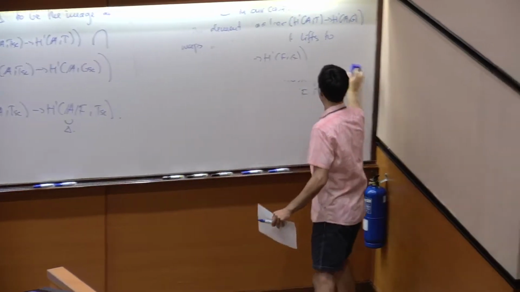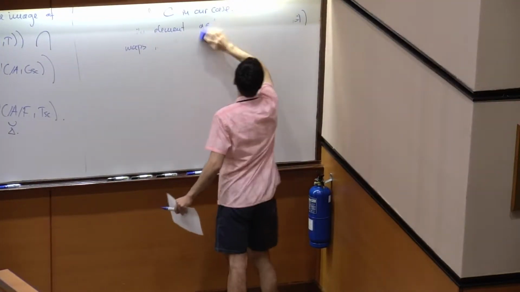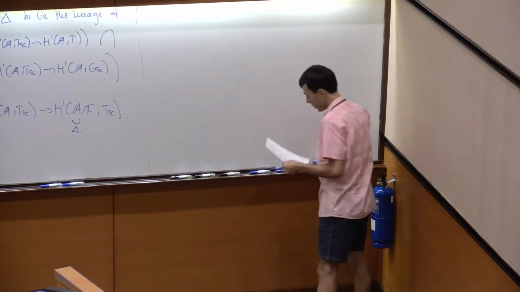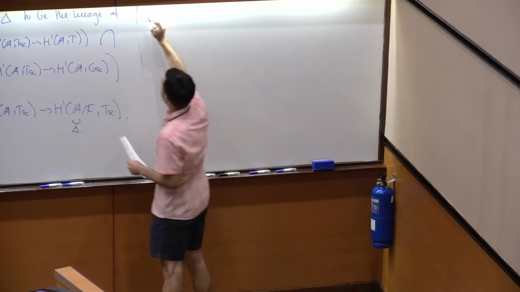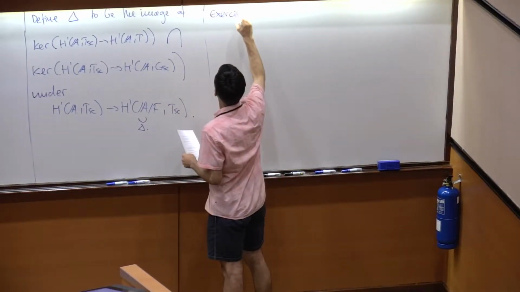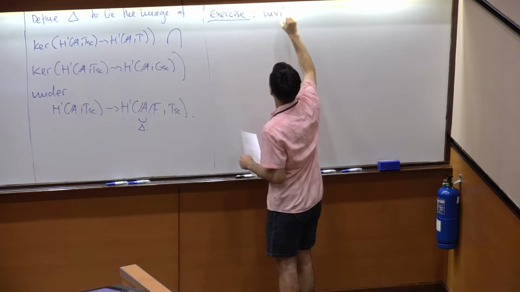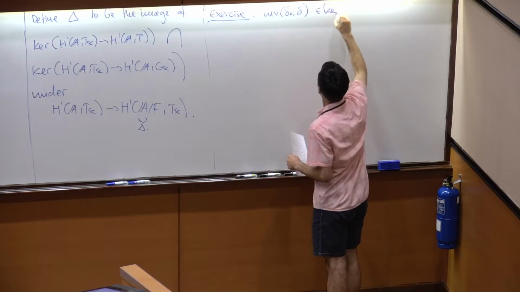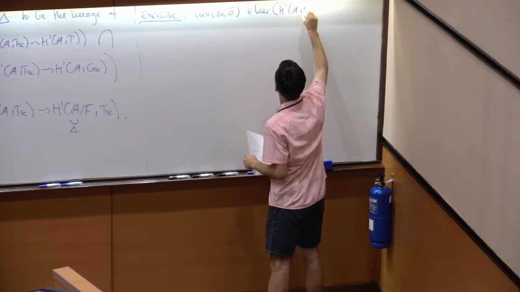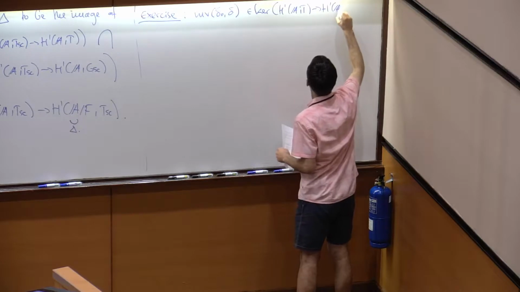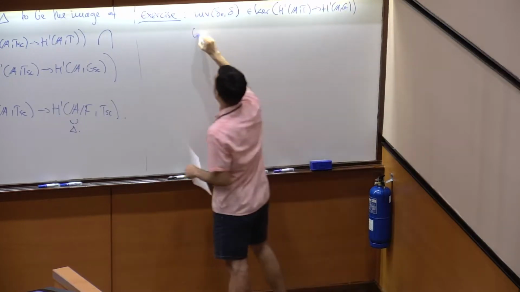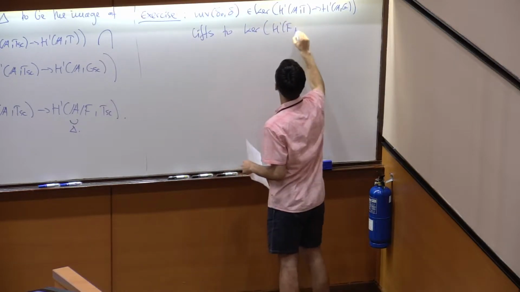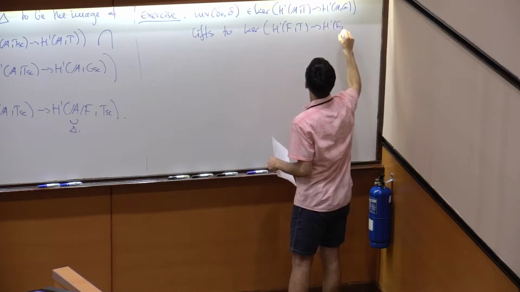And so I'm erasing the exact condition that I would like to satisfy, unfortunately. Well, or maybe if I don't satisfy it, you won't notice because the condition has been erased. But the exercise is the following. The original invariant, delta 0 delta, which was in this kernel of H1(A,T) to H1(A,G), lifts to the kernel of H1(F,T) to H1(F,G).